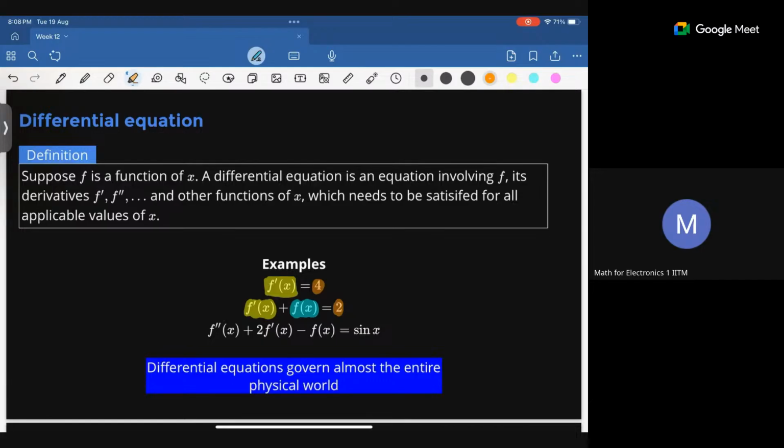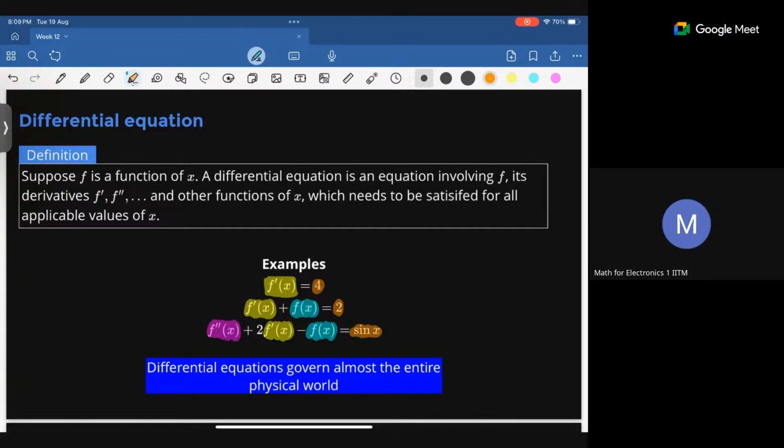Similarly, in the third example, there is the double derivative of the function, and then we have the first derivative, and then we have the function, and we have some other function of x, right.